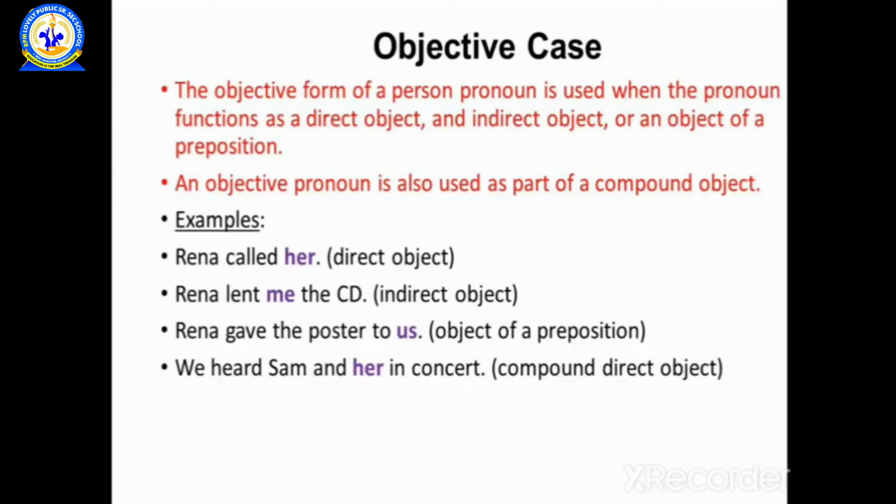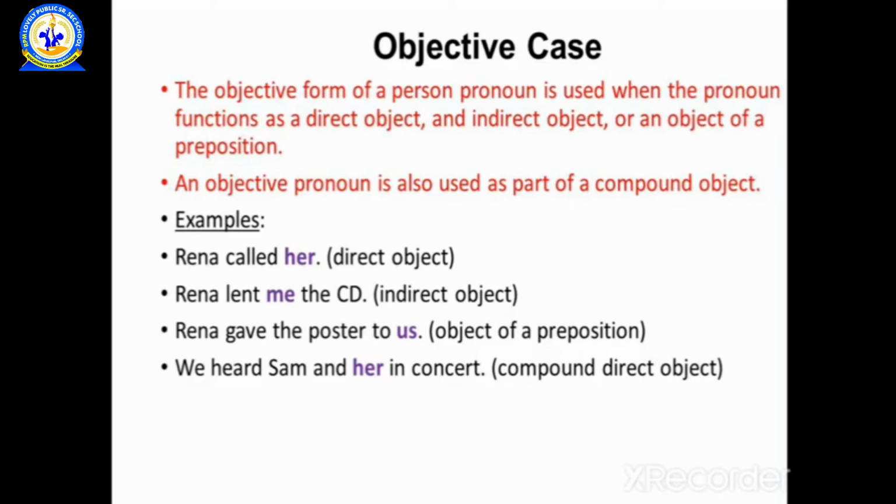Next is your objective case. The objective form of a personal pronoun is used when the pronoun functions as a direct object and the indirect object or an object of a preposition. An objective pronoun is also used as a part of a compound object. For example, Rena called her.